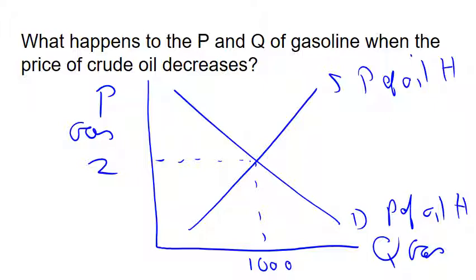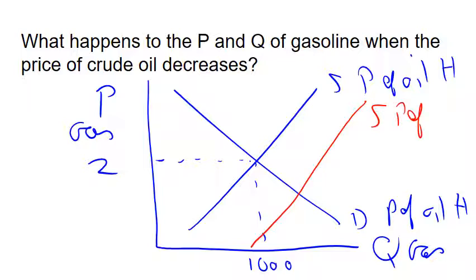We know that the price of crude oil may affect refiners and gasoline companies and oil companies, but it doesn't affect us very directly because we don't buy it. But the refiners buy it, and they care a lot about it. When the price of crude oil decreases, their cost of making gasoline goes down. As the cost of making gasoline goes down, the supply of gasoline is going to start to rise.